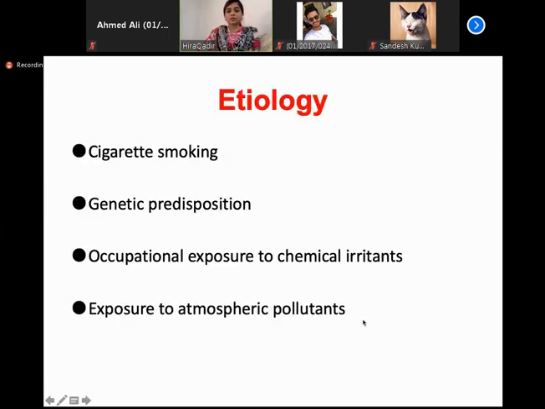Then etiology is based on the cause: either cigarette smoking or genetic predisposition, meaning deficiency of alpha 1 antitrypsin, which I will discuss in my next slide. Other causes are occupational exposure to chemical irritants and exposure to atmospheric pollutants.